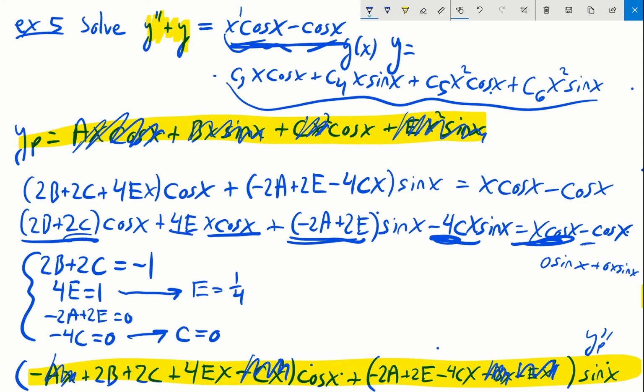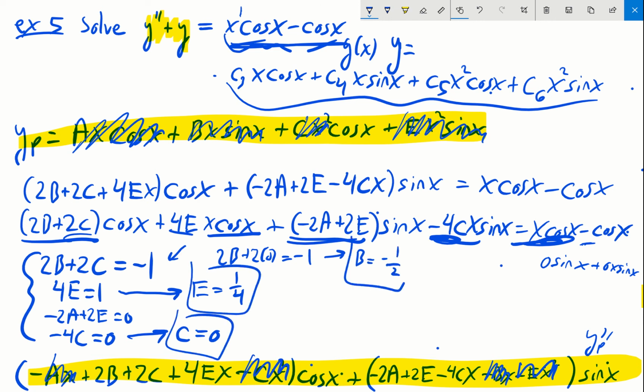If we plug c equals 0 into the first one, we would have 2b plus 2 times 0 equals negative 1. And that will imply that b equals negative 1/2. And then lastly, if we plug e equals 1/4 into this third equation, we would have negative 2a plus 2 times 1/4 equals 0.